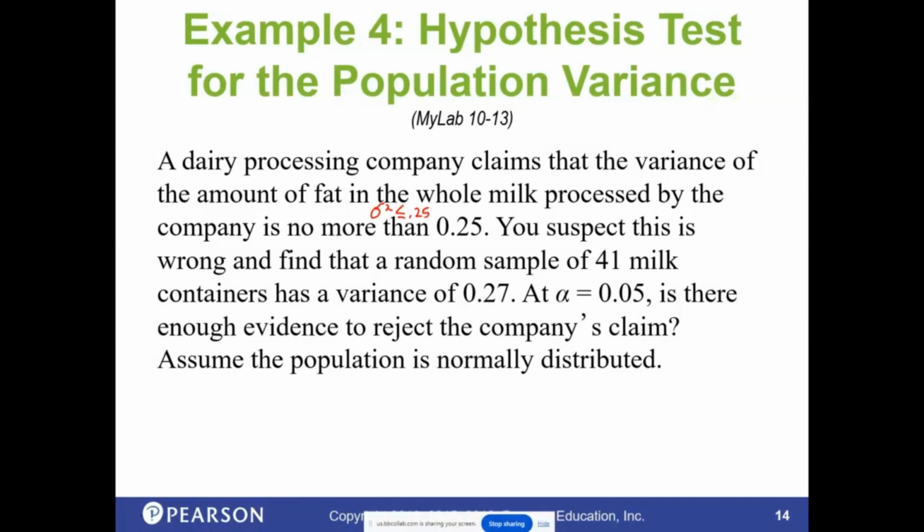You suspect this is wrong, and you find that a random sample of 41 milk containers, so it's our 41, has a variance, so that's our S squared, of 0.27. At alpha equals 0.05, is there enough evidence to reject the company's claim, assume the population is normally distributed?